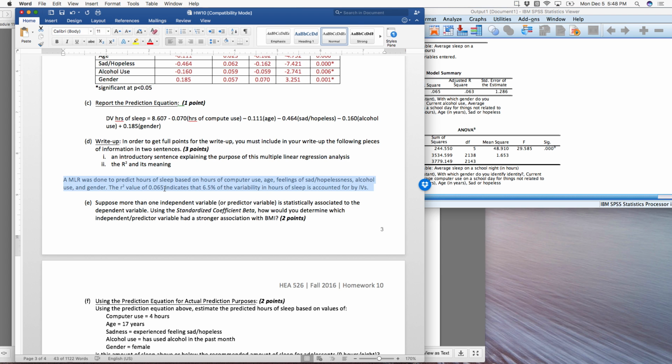So what this really means is that there's 93.5% that's not explained by these variables. So there are some other factors. The majority of sleep hours is predicted by some other factor than the ones we accounted for in our model. Does that make sense?